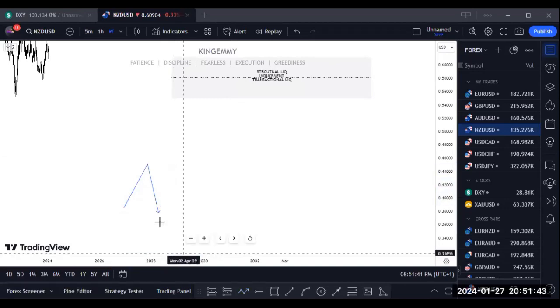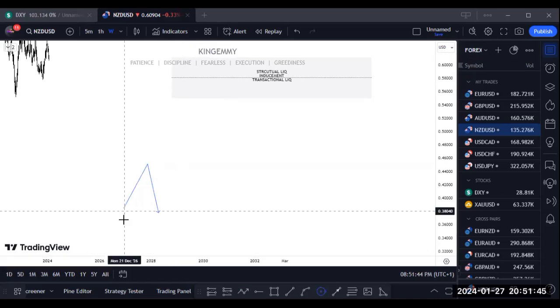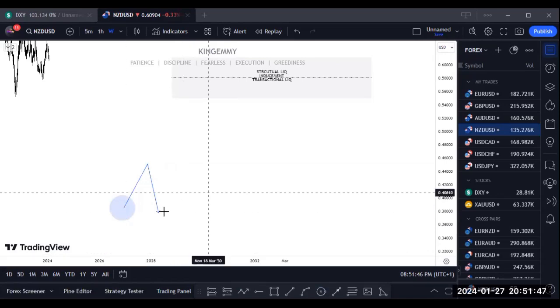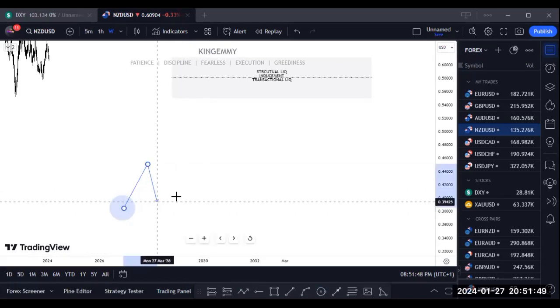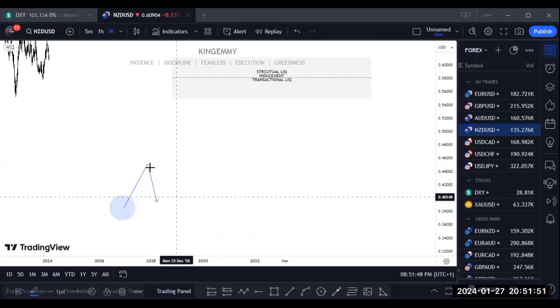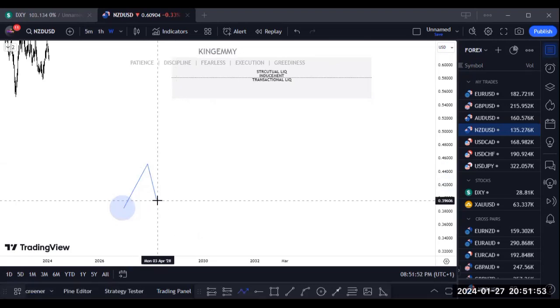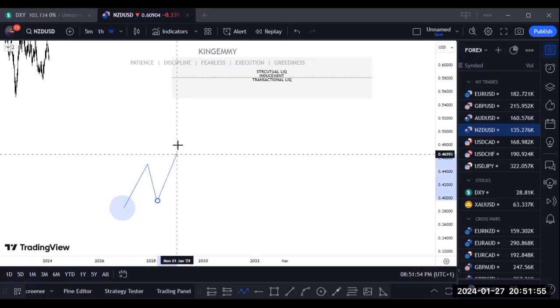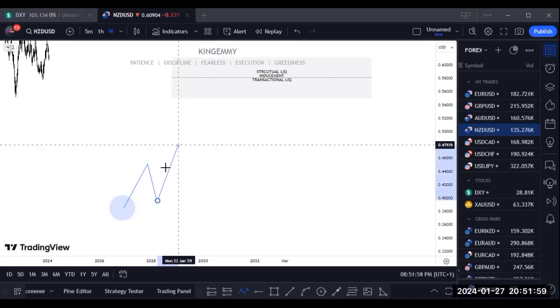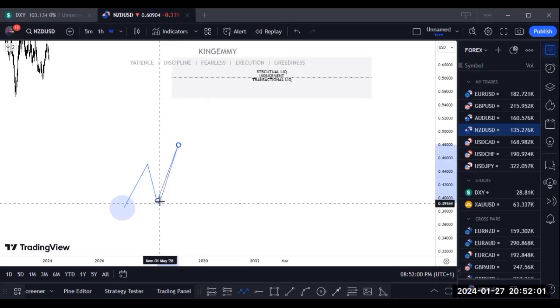How? Because this high is not yet confirmed until this low is taken. So when price is somewhere here, since this high is not yet confirmed, there's a possibility that price can go upward again. And if price goes upward from here, then this low is now more confirmed, right?